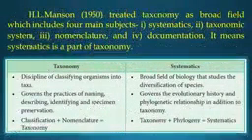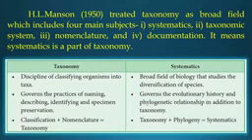Next, H.L. Manson, 1950, treated taxonomy as a broad field, which includes four main subjects: systematics, another is taxonomic system, another is nomenclature, and another one is documentation. It means systematics is a part of taxonomy.